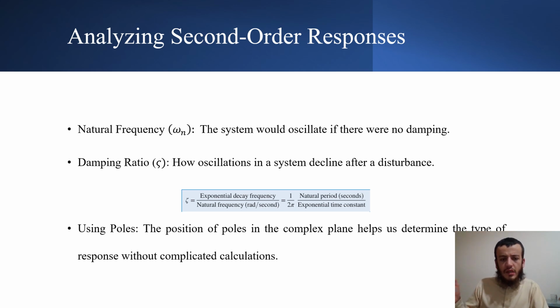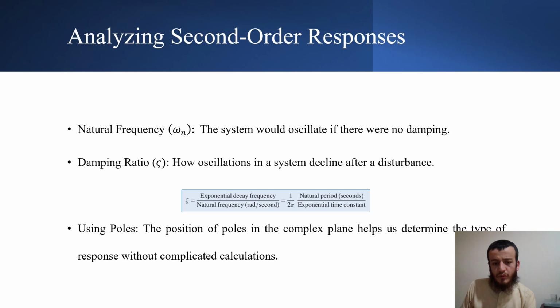The damping ratio means how a system oscillates, for example how the system decays or comes down after a disturbance. The relationship is exponential decay frequency over natural frequency, in radians per second, and the damping ratio is the ratio between the exponential decay frequency and the natural frequency.